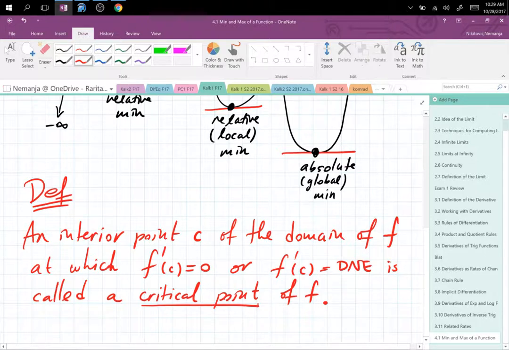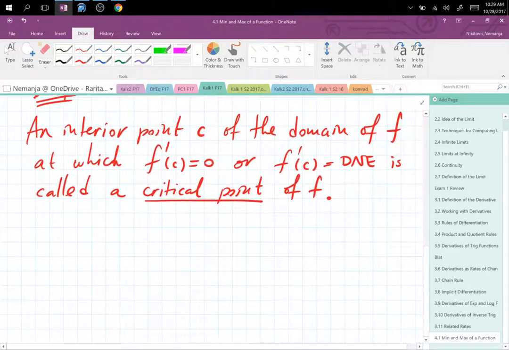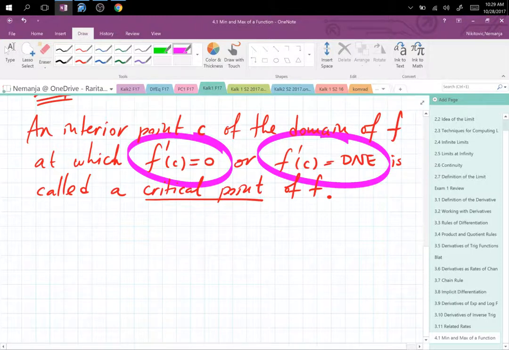So what we do, you have two separate ways to get a critical number. So derivative is equal to 0 or derivative does not exist. And then when you find all of those values, critical numbers, some of those will be points and some of those points will be min and the max.